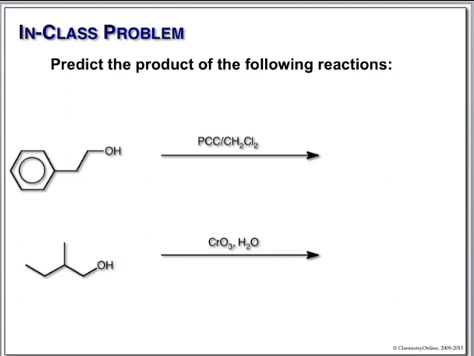And because it's very mild, we can oxidize this to an aldehyde and it stays there. Chromate is not mild at all. Chromate will oxidize this to the carbonyl compound. However, this would be an aldehyde, and it will immediately oxidize again to the carboxylic acid.